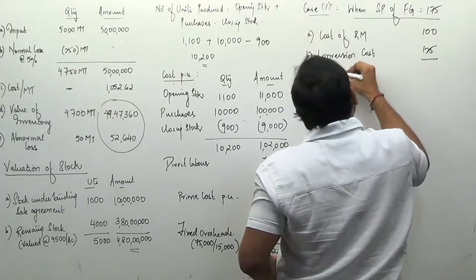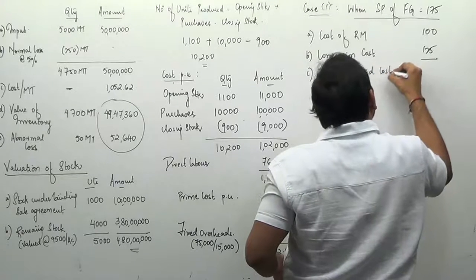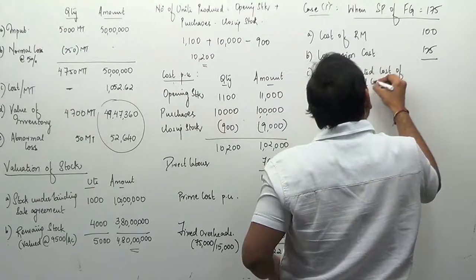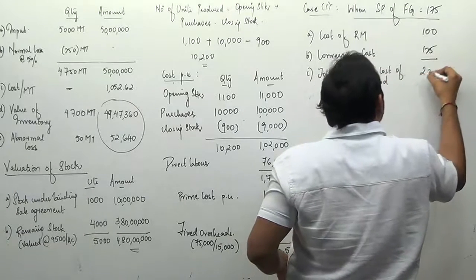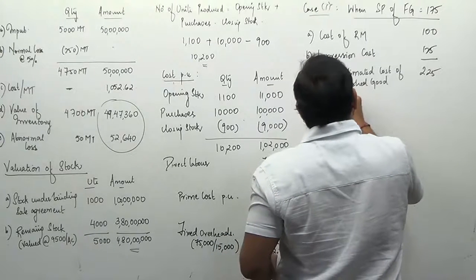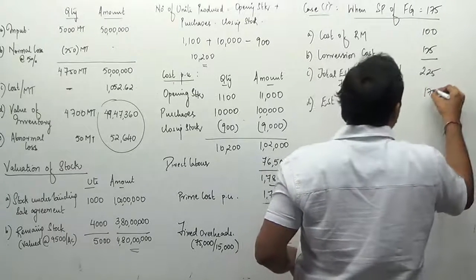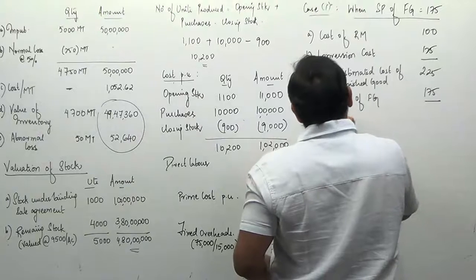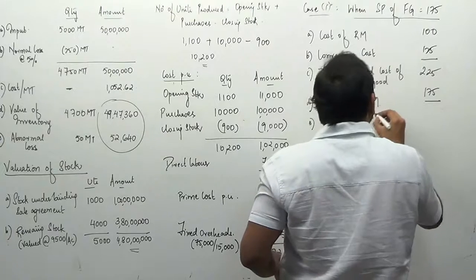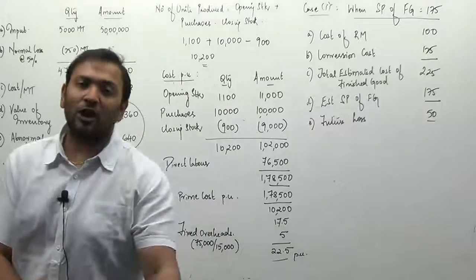So my total estimated cost of finished good is 225. Estimated selling price of finished good, if it is 175, there is a future loss of 50. A future loss of 50.